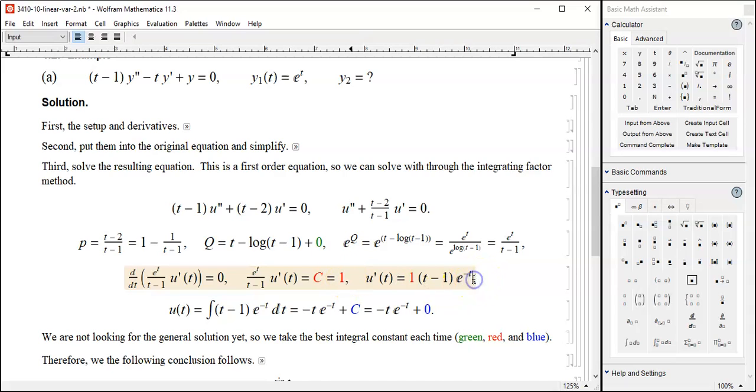Why did I do that? Most of the time, if you take the antiderivative, you want to keep it simple. So plus c becoming just 0 is usually the best, but this is one of those exceptions. If you take c equal to 0, then when I divide this one away and multiply by the reciprocal, you have that multiplied by 0 and it disappears. So we lose information.